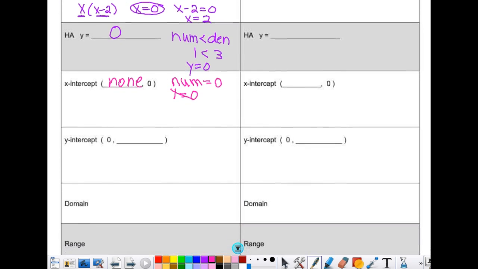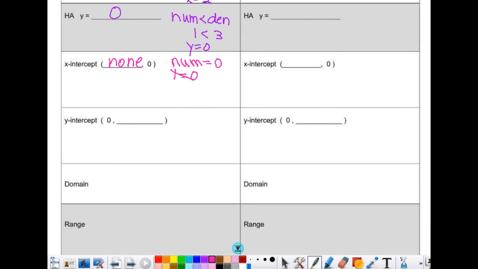Y-intercept. How do you find the y-intercept? You plug a 0 in for x. Use the non-canceled one. So you have that 1, and then that x minus 2. So you have a 1 over 0 times 0 minus 2. 1 times 0.